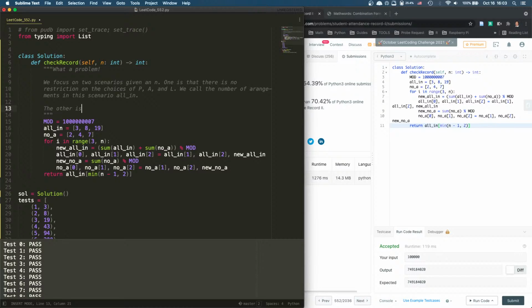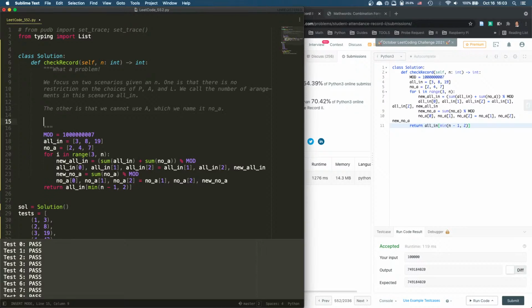The other is that we cannot use A, which we name "no A".